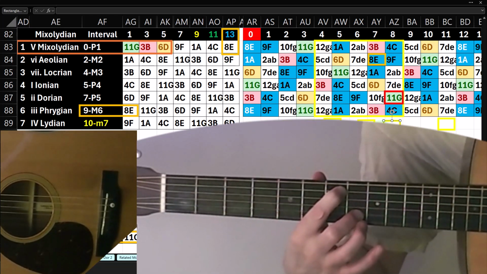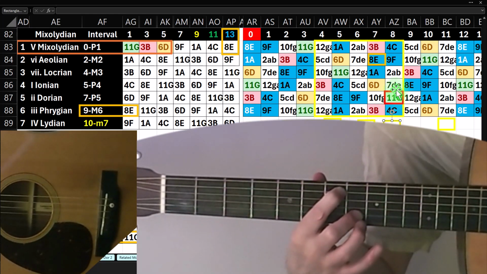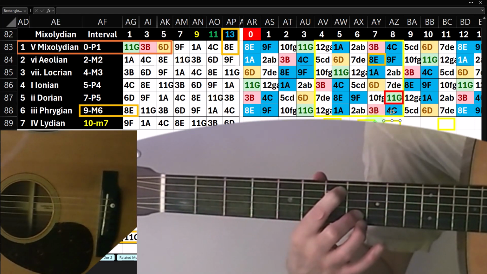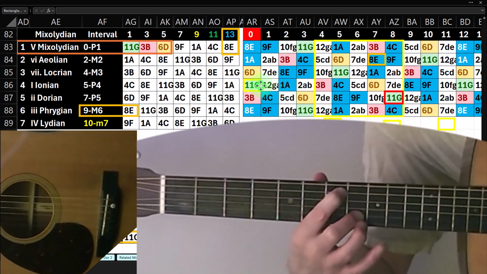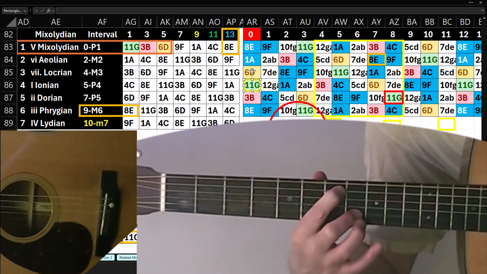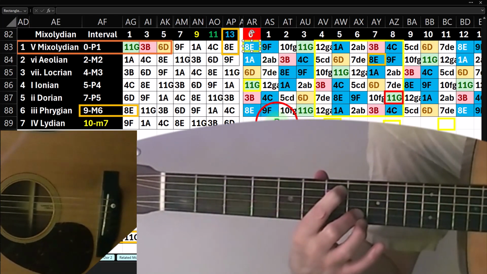So that means if I go up 3 strings and cross the fault line, the 9 note away major 6 or 9 note away major 13 will be 1 fret back. I wouldn't cross the fault line if I was above it, like on this G string, so if I went up to this E, it would be on the same fret.